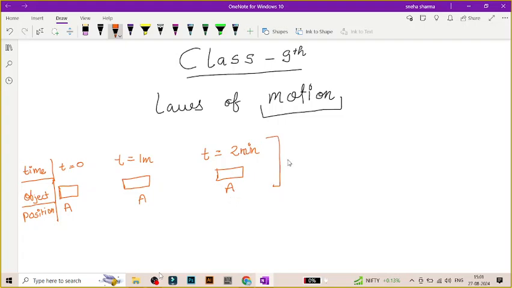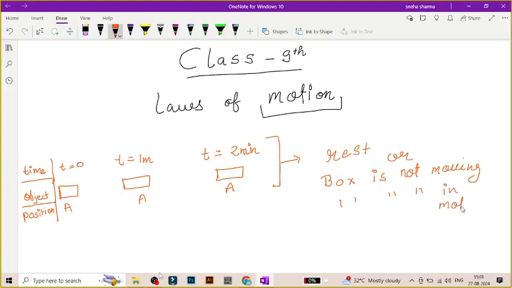That the box is at rest, or the box is not moving, or the box is not in motion, right?